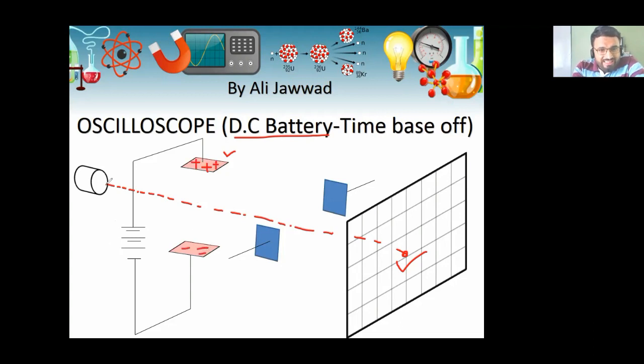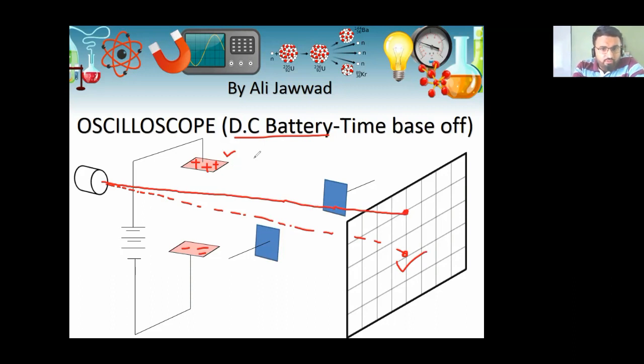So the electron beam which was incoming straight will bend towards the positive plate. And because of this bending action, the incoming beam is not going to strike the origin anymore. It will strike somewhere over here.